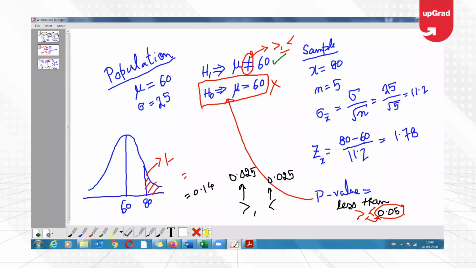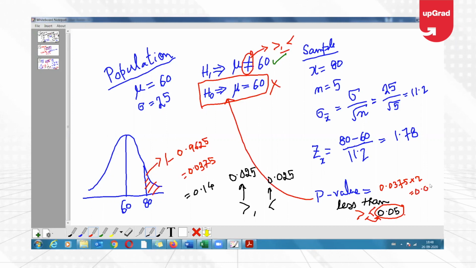So 1 minus 0.9625, so 0.0375 is this one. In this case, 0.0375 times 2 will be my p-value.